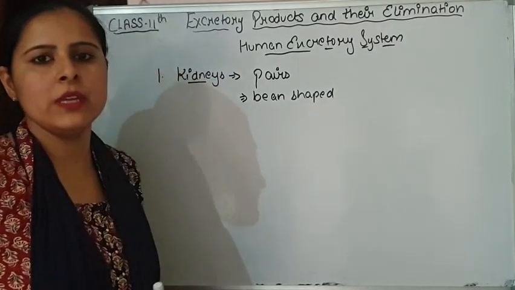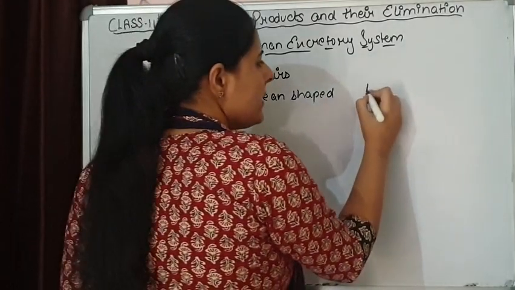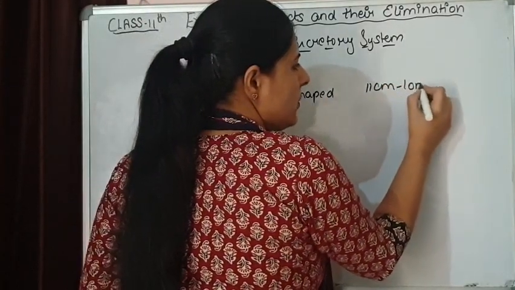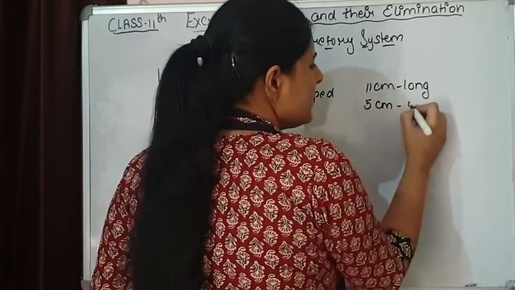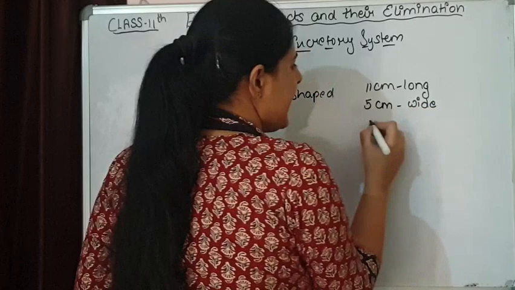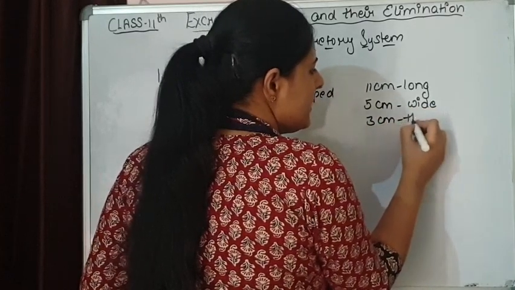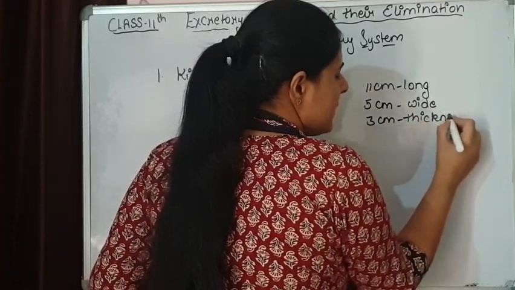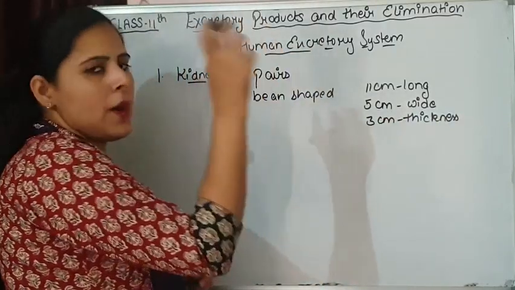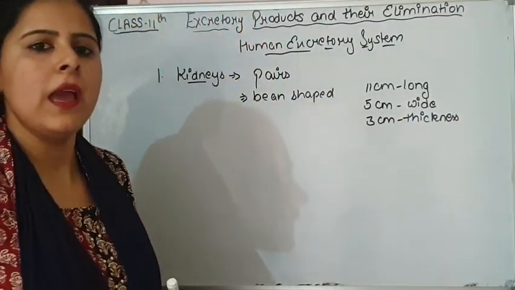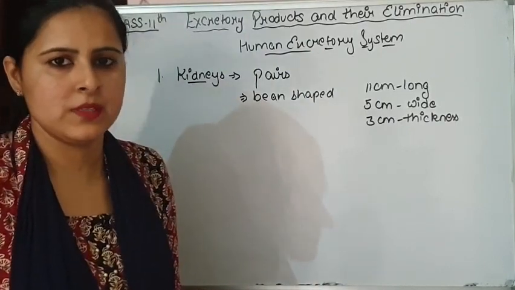Their dimensions are 11 centimeters long, 5 centimeters wide, and 3 centimeters thick. On the upper edge of the kidneys, adrenal glands are present.